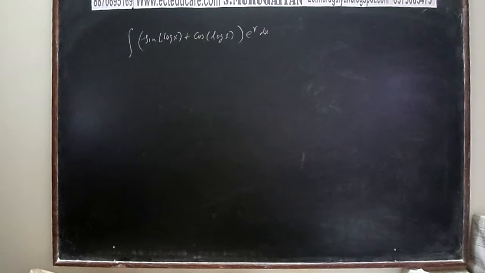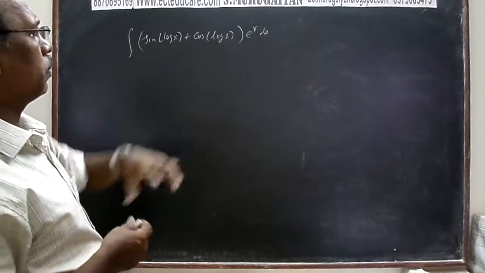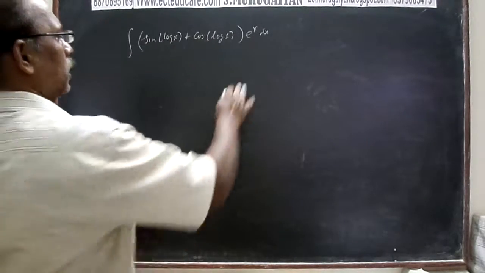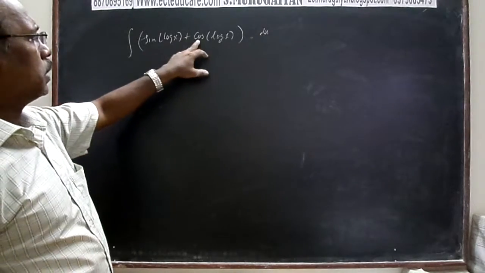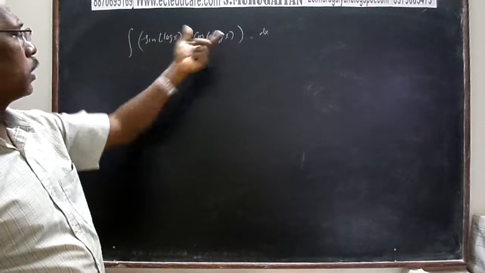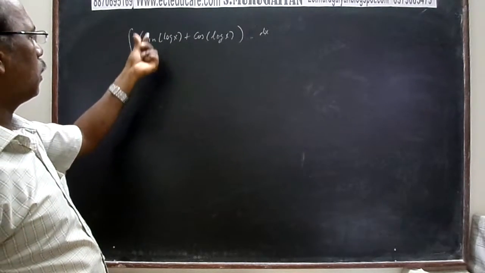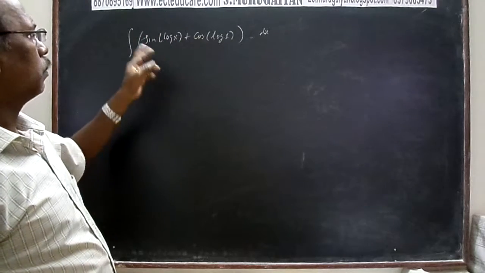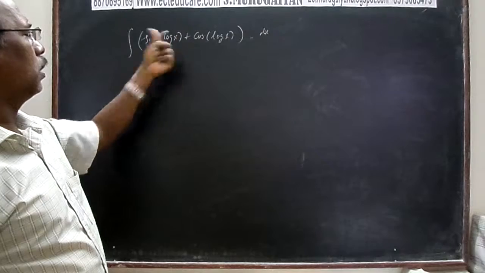One more question: integral of sin of log x plus cos of log x. I think e power x is not there in the question; it is sin of log x plus cos of log x dx alone. Dear student, just look at the question: this is a function of a function, a function of log x.